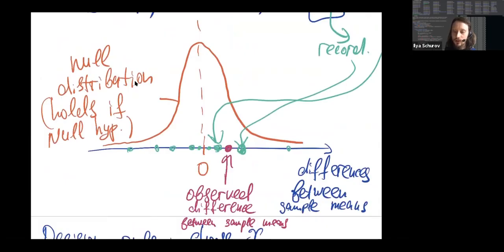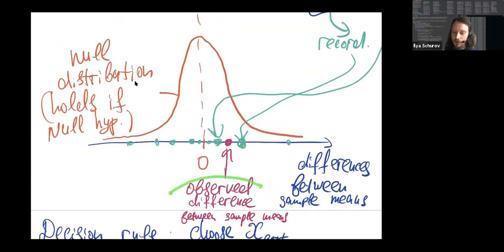I try to understand how much my observed difference contradicts the null hypothesis. How unlikely is it to observe this data provided that the null hypothesis holds?